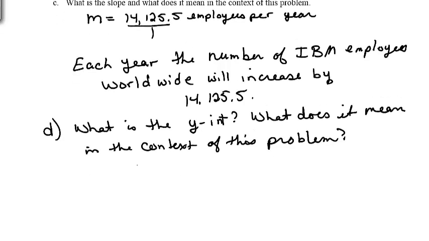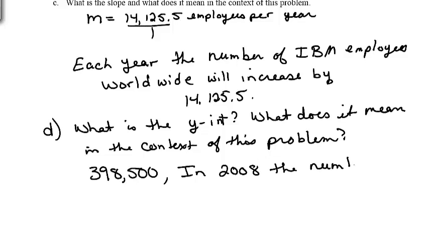So the y-intercept was 398,500. And what does it mean in the context of this problem? It means in 2008, the number of IBM employees is 398,500.